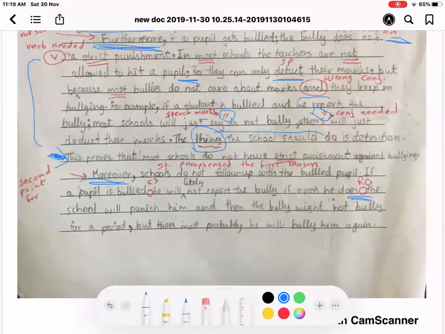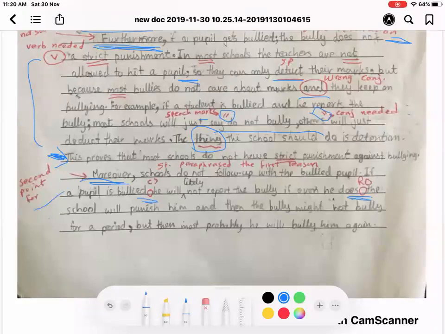He should put a full stop here, and also here is a comma splice. He should have said, "If a pupil is bullied, he will not likely do this." This is an if sentence, a conditional sentence. "Schools will punish him, and then the bully might not bully for a period, but then most probably he will bully him again."